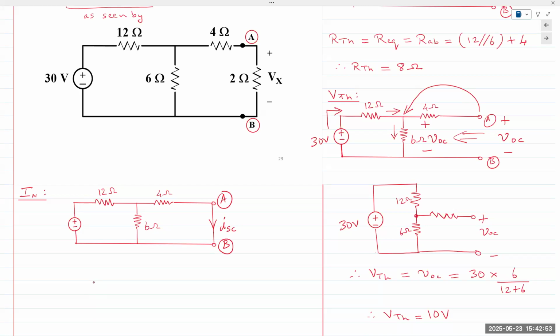Okay, let's take a pause while you look at the circuit and see what that short circuit does. What does it do? What does it do to the 4 ohm resistor?